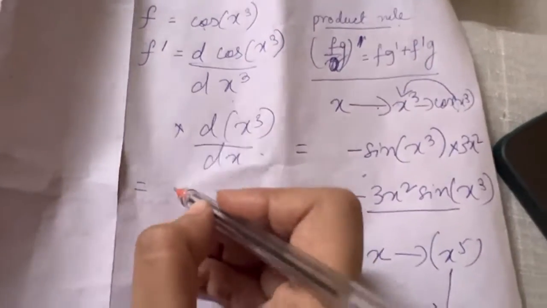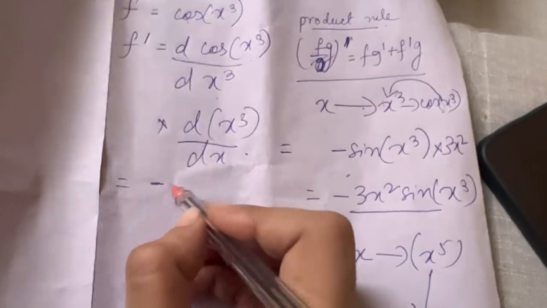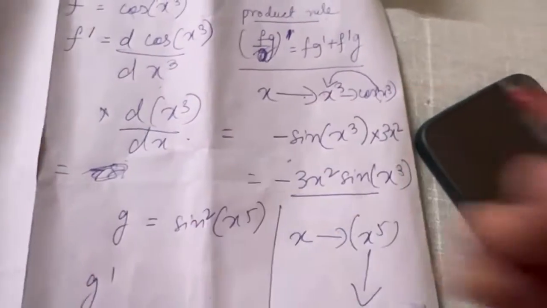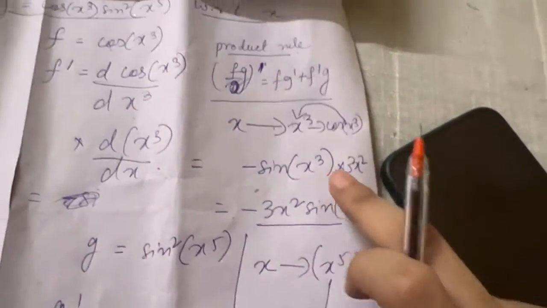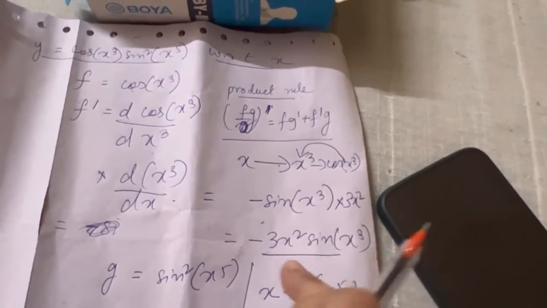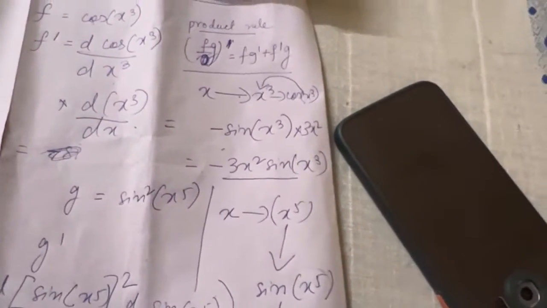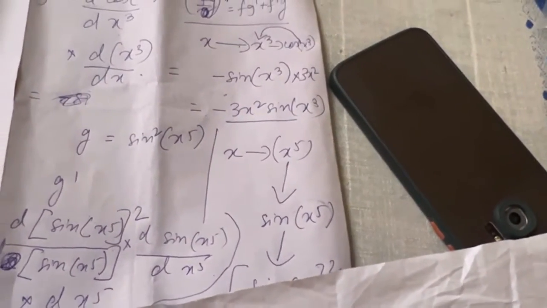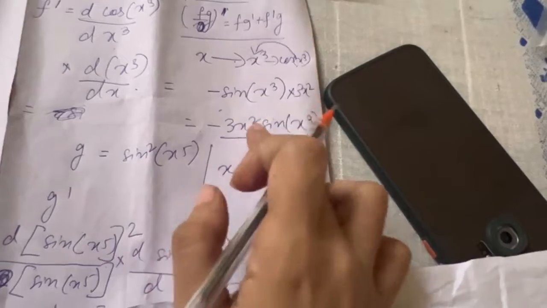So derivative of cos is sine, so it's going to be minus sine. Oh, I have missed this, I'm sorry. Here I did this. Okay, so it is minus 3x square. Okay, this is f dash, which is minus 3x square sine x cube.